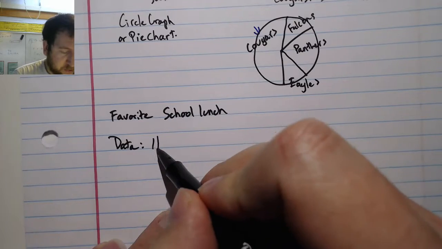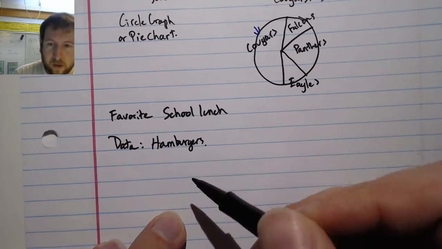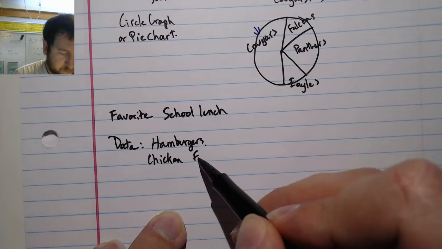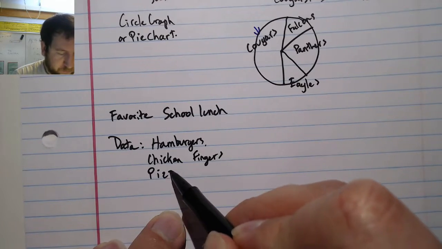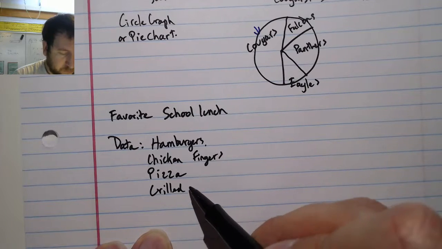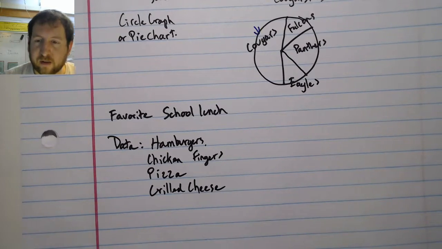We had hamburgers, chicken fingers, pizza, and grilled cheese. Not a very big vegetarian offering, sorry about that.